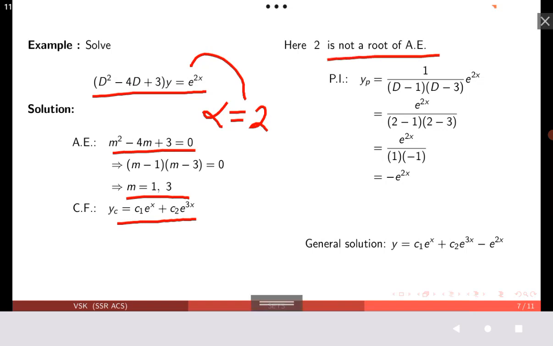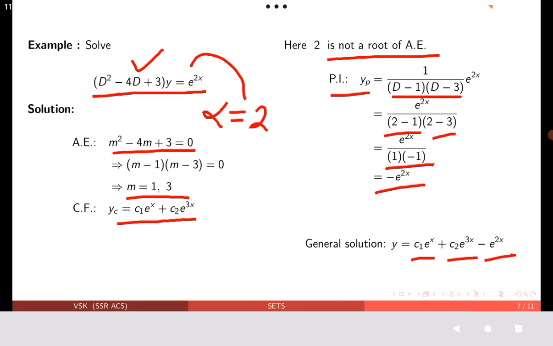So to find yp, we write 1 upon f(D) in factor form, and replace D with 2. So e to the power 2x upon (2 minus 1)(2 minus 3), that is 1 into minus 1, giving minus e to the power 2x. In this case, the general solution is c1 e to the power x plus c2 e to the power 3x minus e to the power 2x.